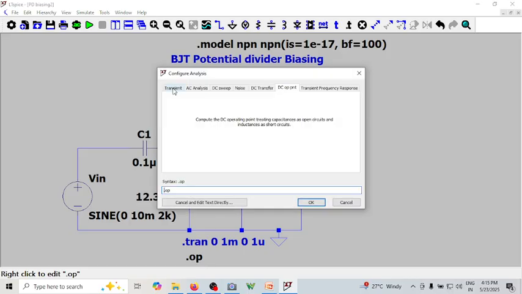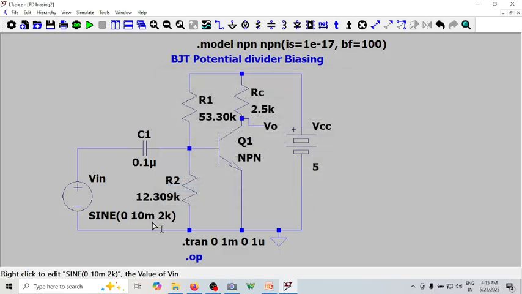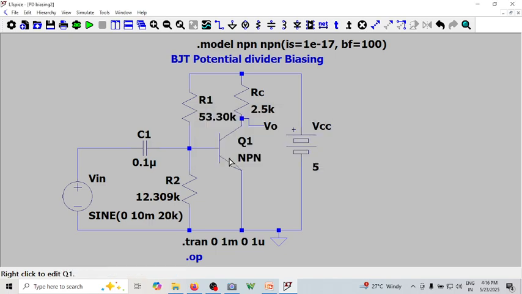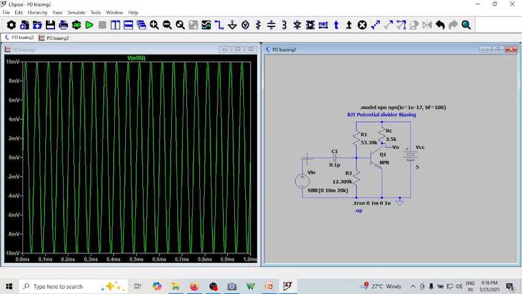Now let me do the transient analysis. Since it is 20, okay, this has become 2k. Let the timing be fine. Let me take it as 20k and run this. So I have this as my input sine wave.